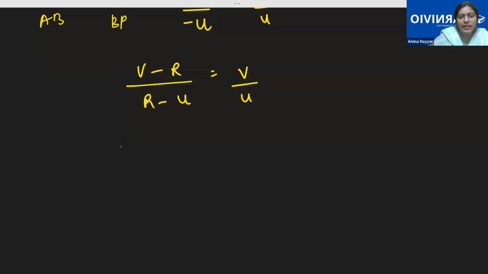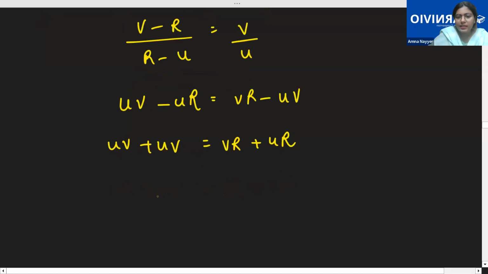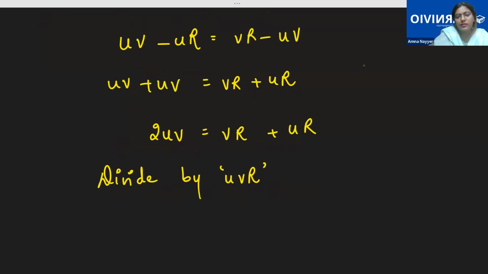Let's just cross multiply this. This will be UV minus UR is equal to VR minus UV. UV goes on that side: UV plus UV. This will be VR plus UR. This becomes 2UV is equal to VR plus UR. What do we do? Divide by UVR.